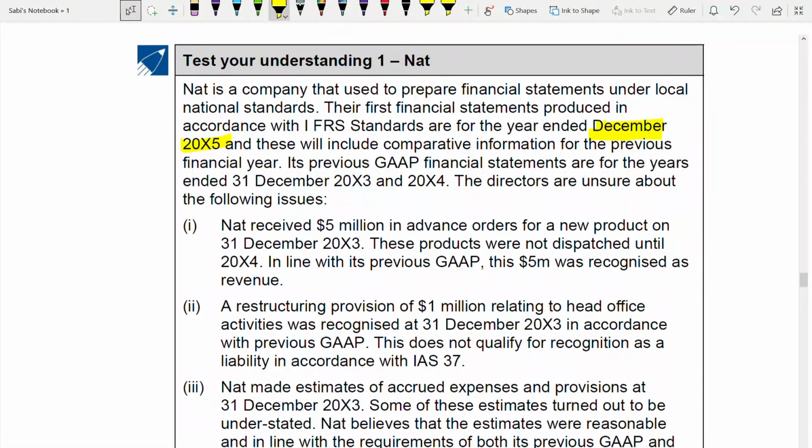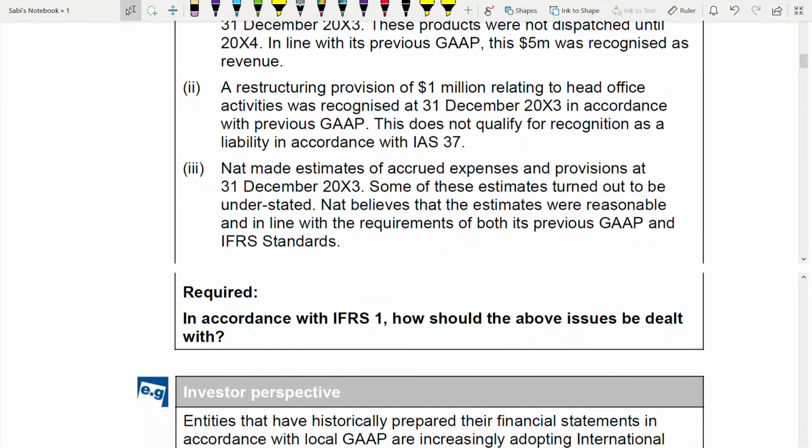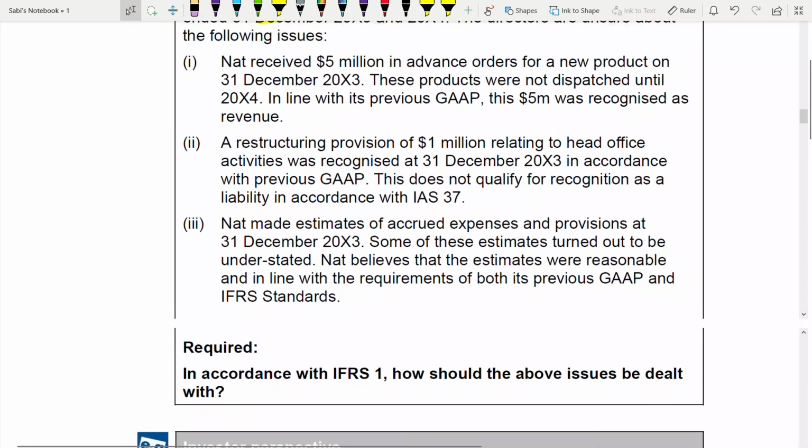And this will include comparative information for the previous financial year. Its previous GAAP financial statements are for the years ended 31st December 2003 and 2004. The directors are unsure about the following issues. So there are 3 issues, and in accordance with IFRS 1, how the above issues should be dealt with.